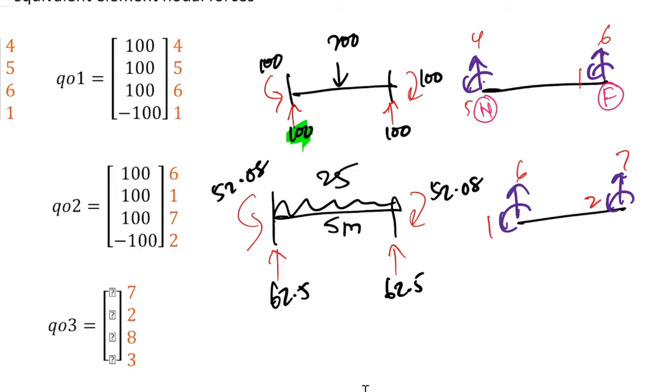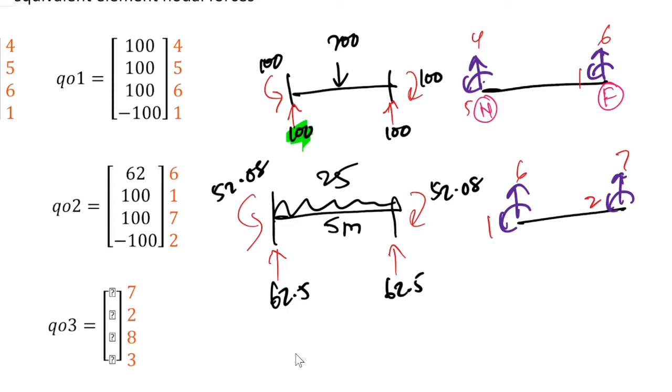Position 6 is the vertical reaction at the near end, it is 62.5.